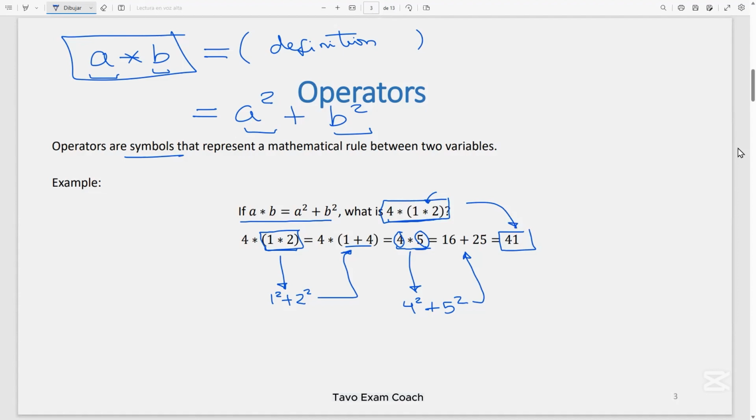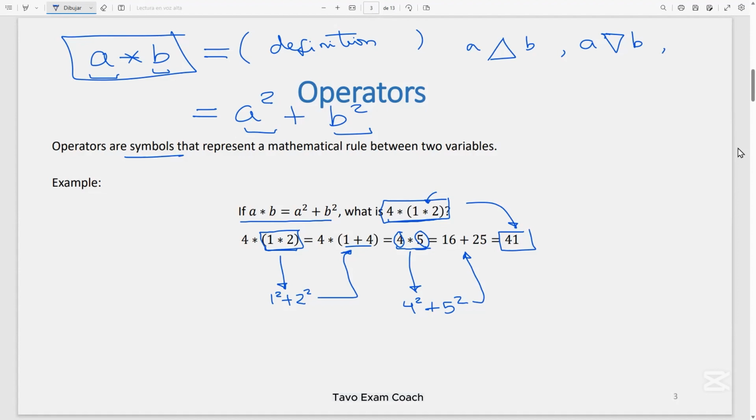Well, in the GMAT, different symbols may be defined as special sets of operations or be considered operators. The most common are, for example, a triangle. You might see a triangle between two numbers such as A and B, or two placeholder variables such as A and B or X and Y, etc. Another possibility is that you see an inverted triangle representing another sequence of custom operations. Then there are other symbols.